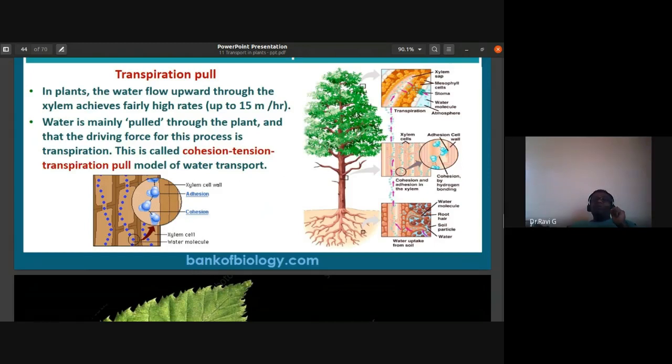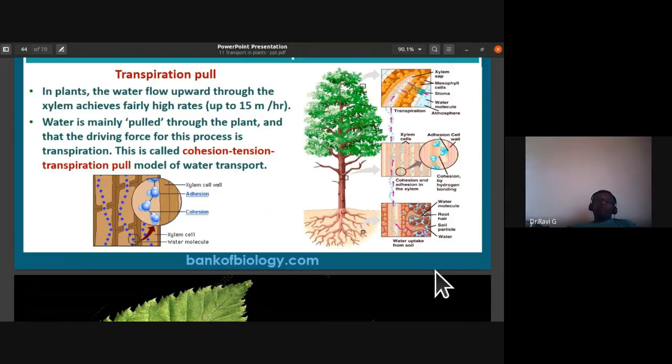So I have already told you the transpiration through the leaves, nearly 90% of water is lost through transpiration by stomata. So cuticular transpiration 5%, lenticular transpiration 5%. So the transpirational pull, especially the foliar transpirational pull, is responsible for the water to be pulled at a rate of 15 meter per hour.